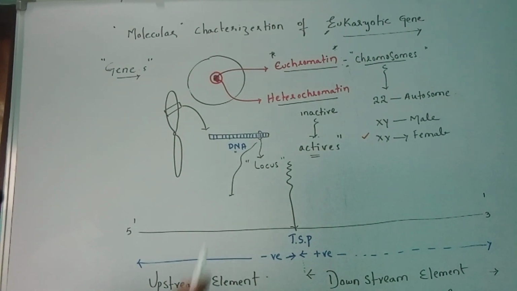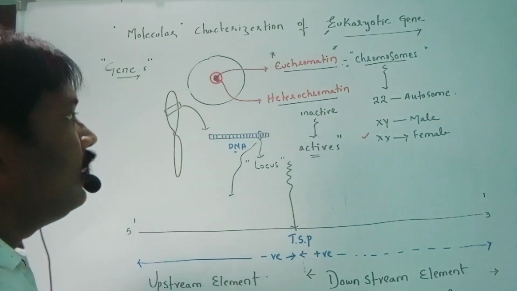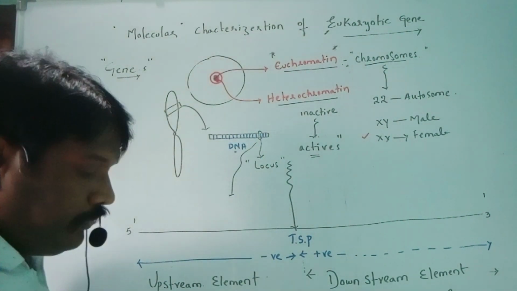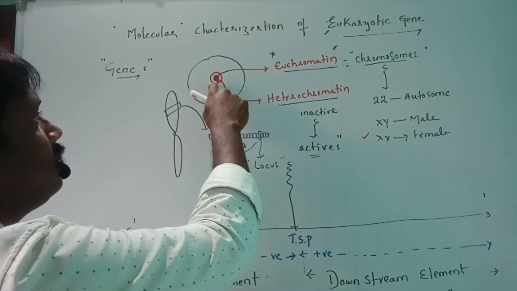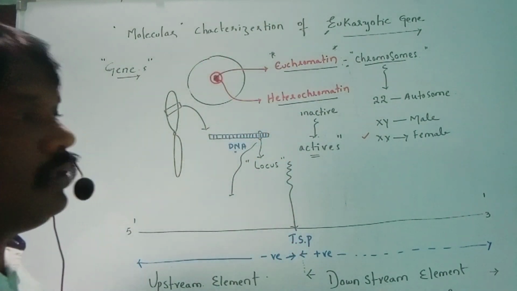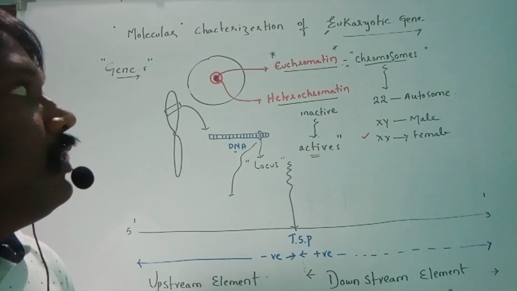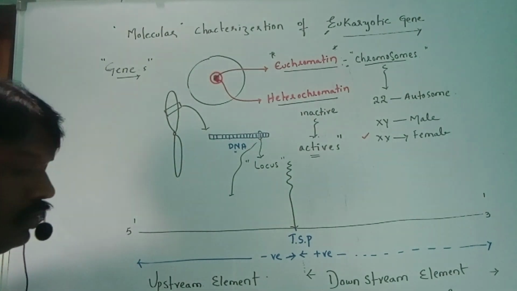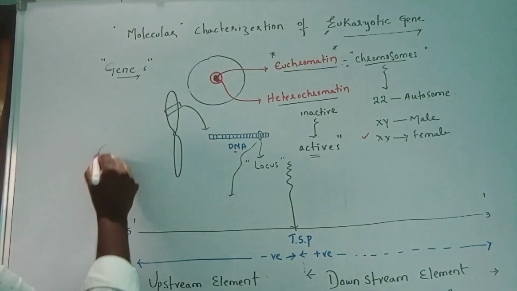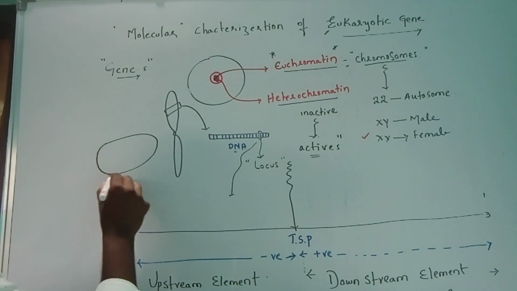So again, when you isolate from the chromosome, if you cut any part of the chromosome, we call it a DNA. In this DNA, the genes are linearly arranged. When you isolate one gene, this is a nuclear gene. Why? Because in eukaryotes we find the nucleus, so we call it a nuclear gene. When you compare with prokaryotic organisms, in bacteria there is no distinct nucleus.